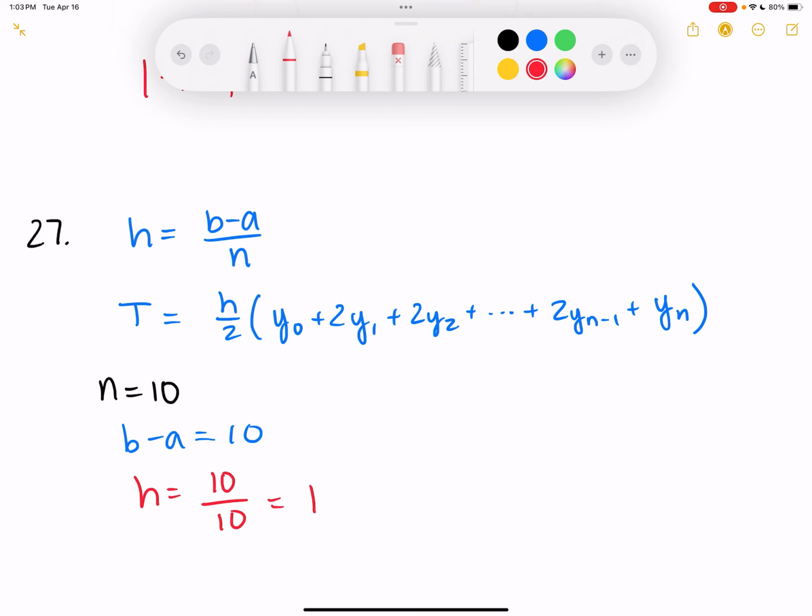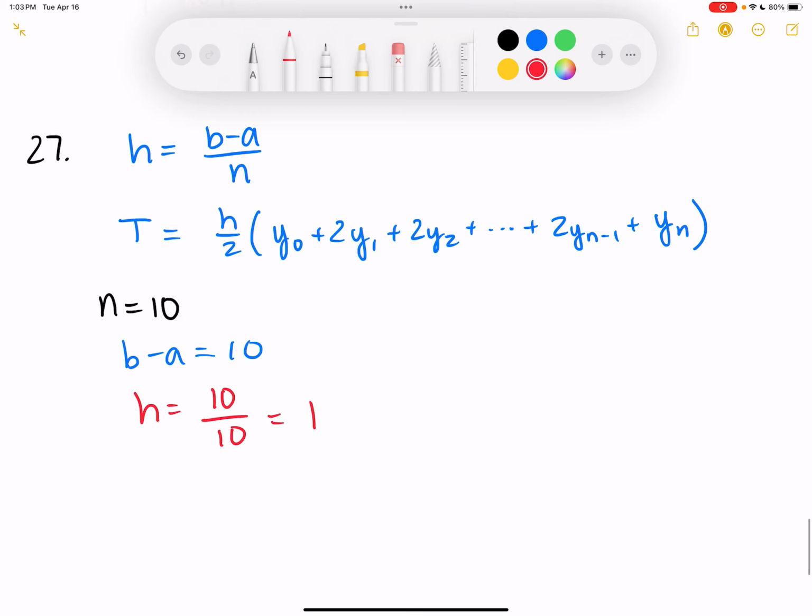So then now, plugging into the trapezoidal rule, T is equal to, well, h was 1, so 1 over 2 times. Now these y values are from the right side where the rate is given to us. So the 120 will be by itself, and then this 121 at the bottom will be by itself. Every other number in here is going to be multiplied by 2.